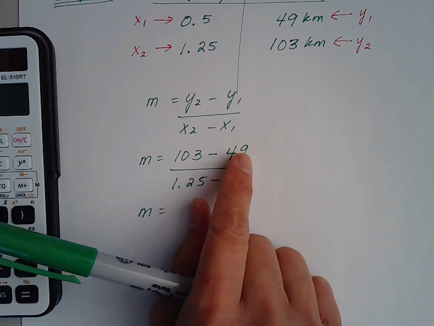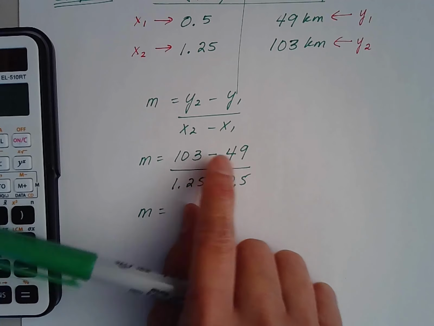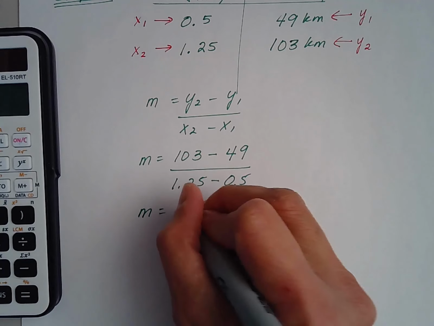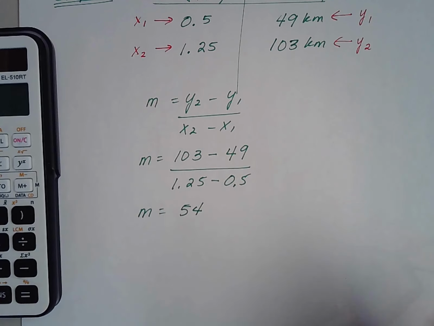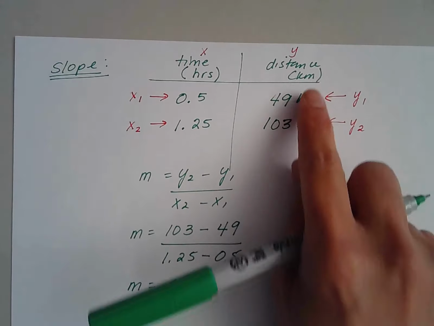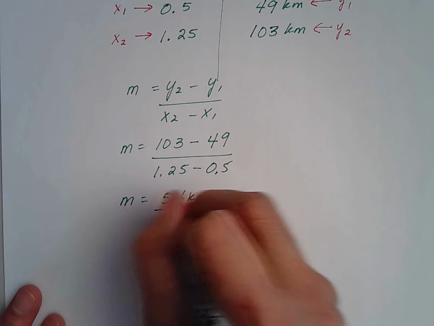So what would this be? 103 minus 49 is 54. 54 what? Kilometers. Okay, because remember y is distance, so that's in kilometers. Yes?